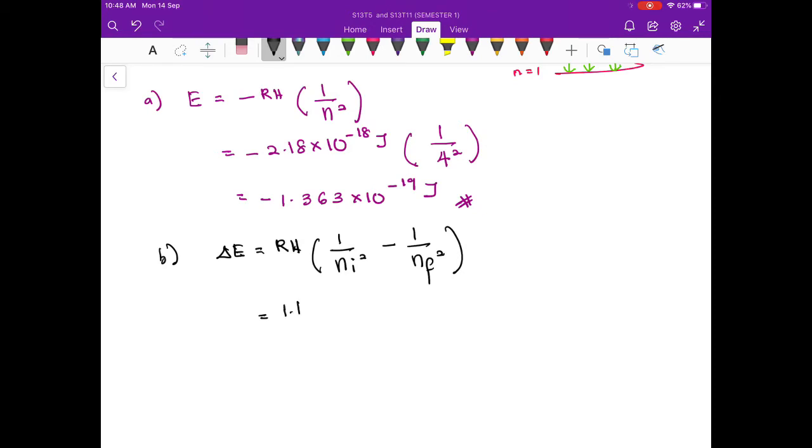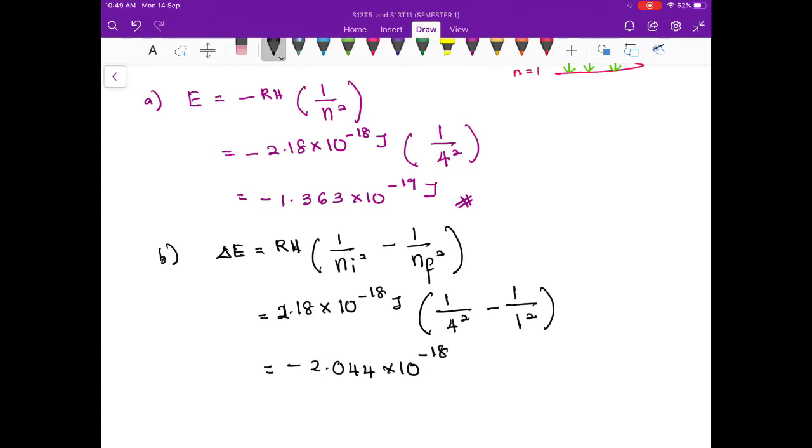So 2.18 × 10^-18 times (1 over 4 squared minus 1 over 1 squared). So the answer is negative 2.044 × 10^-18 joule.